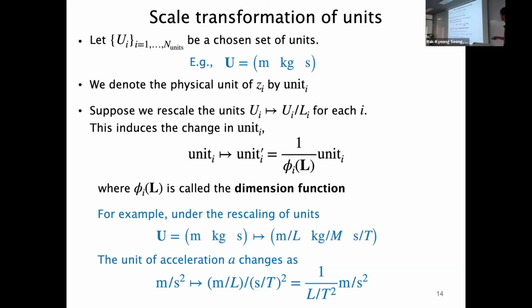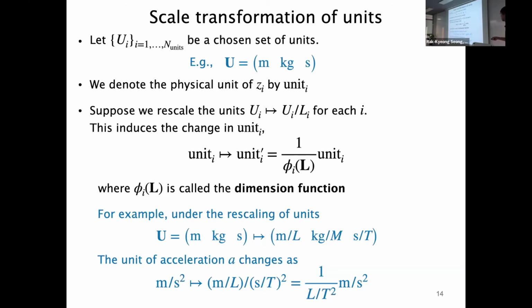So let's start with an example. Suppose we rescale each unit by a certain factor like this. Then the unit of certain physical quantities, for example acceleration, is going to be changed accordingly.